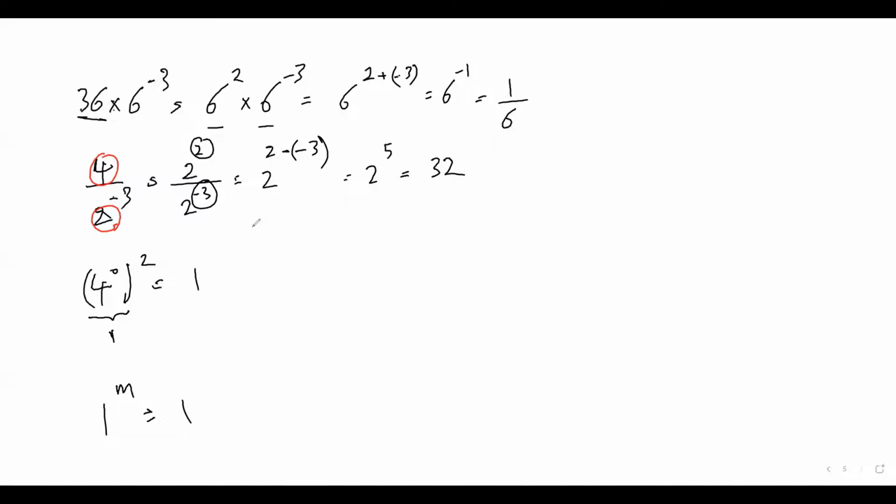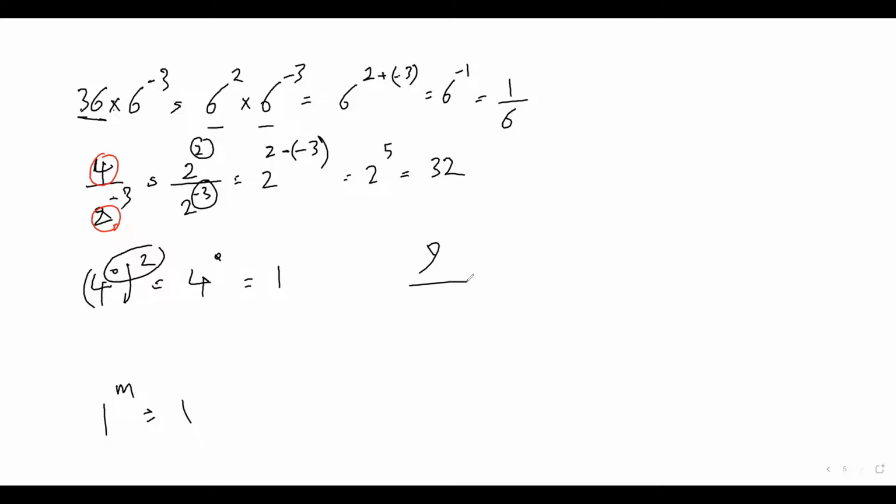Or what you can do also, you can say, you multiply these two, you get 4 to the power of 0, and anything to the power of 0 is 1. So there are two ways you can approach this, but at the end you get 1, and I think that's absolutely obvious. Maybe we can do a more challenging question without calculator.